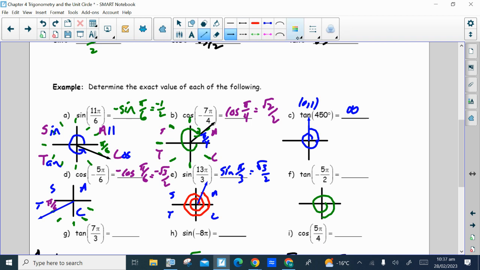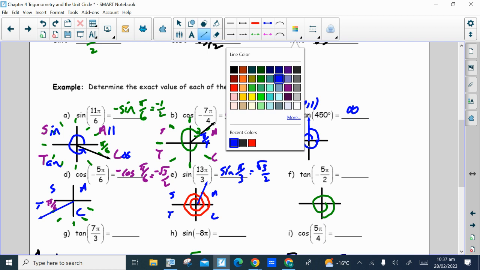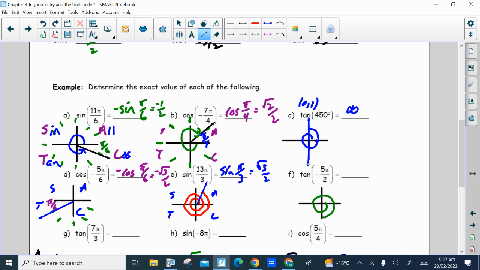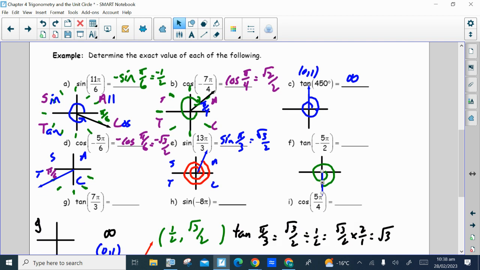Now when we are on one of the axes, we don't use our CAST rule because we already know what the coordinates are there. Whoops, I put that in the wrong one. Let me fix that. It's this one down here. There we go. We know the coordinates down there are 0, -1.